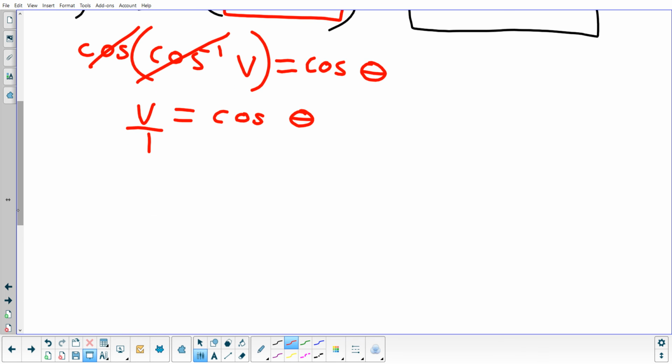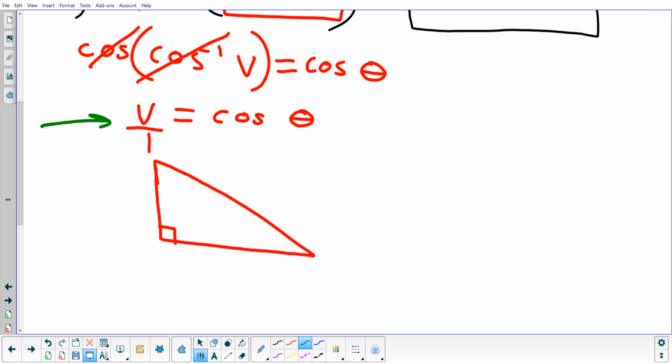Now, we're going to draw a diagram. I want to draw a diagram of this situation. I have an angle in a triangle, and when I take the cosine of that angle, it is supposed to come out to v over 1. What's the definition of cosine in terms of sides in a triangle? It's the what divided by the what?